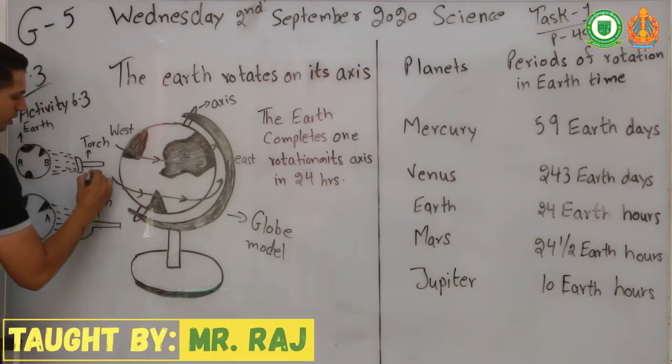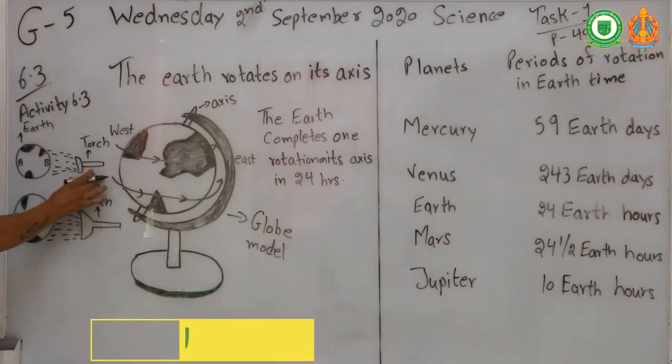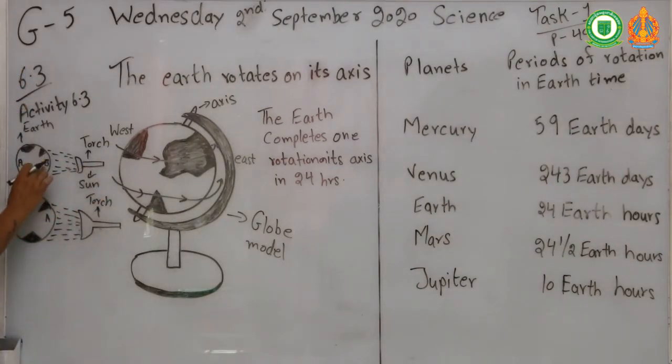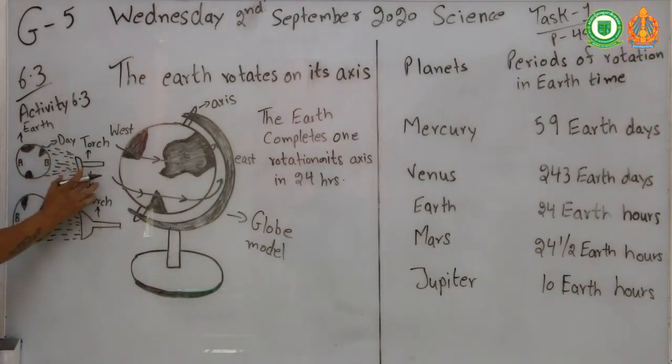The torch represents the sun here. So that means this part of Earth has day, because it is facing the sun.